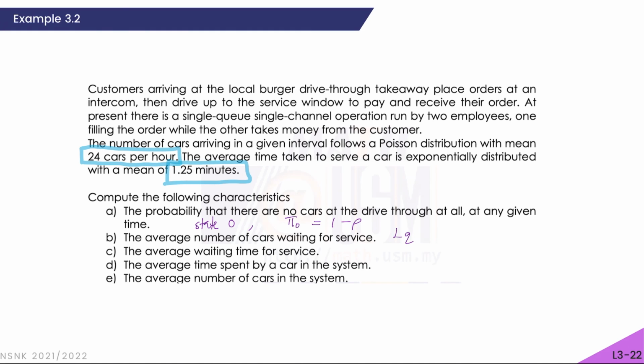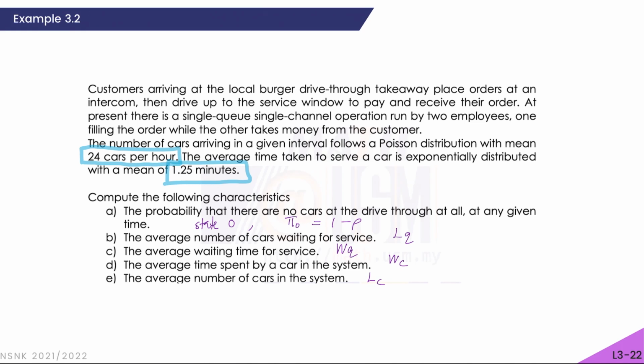And then question C, the average waiting time for service. That refers to your WQ. For D, the average time spent by a car in the system, that refers to your WC. And then question E, the average number of cars in the system, refers to your LC.